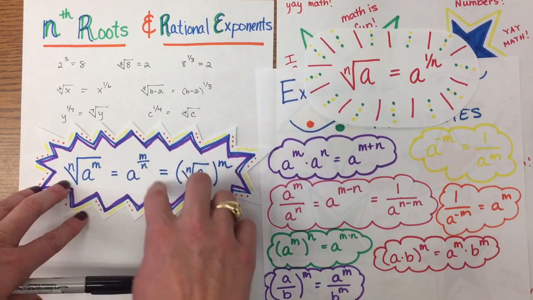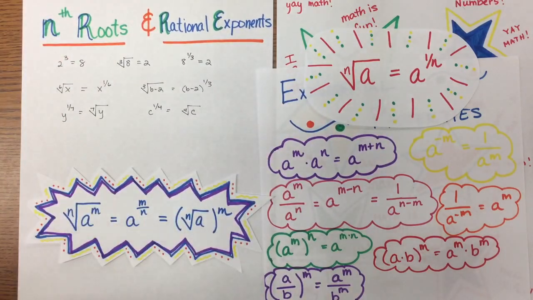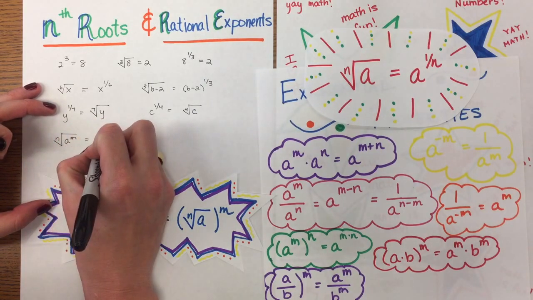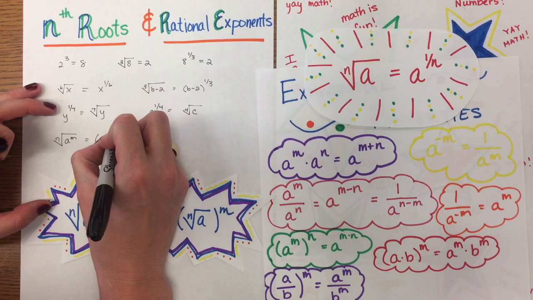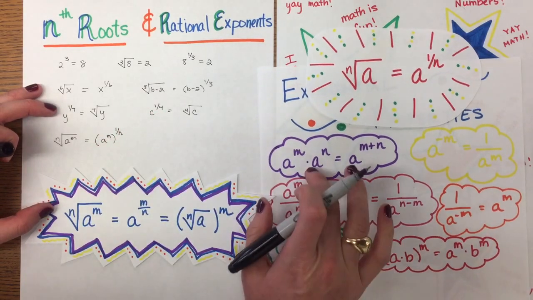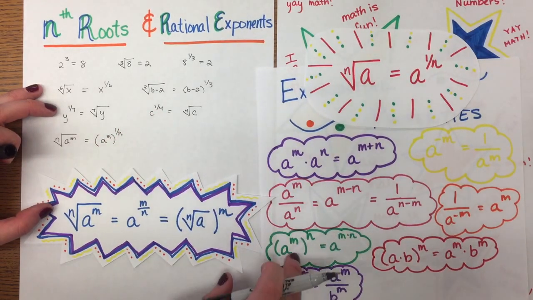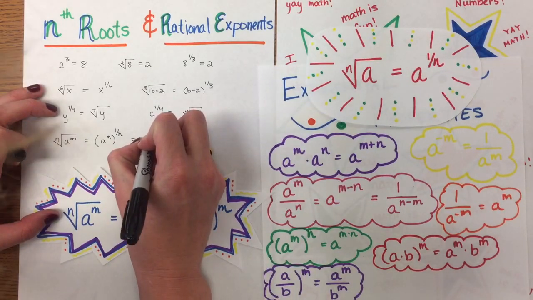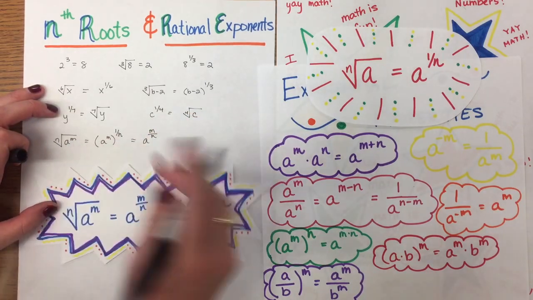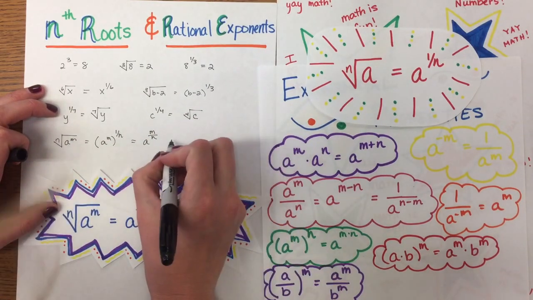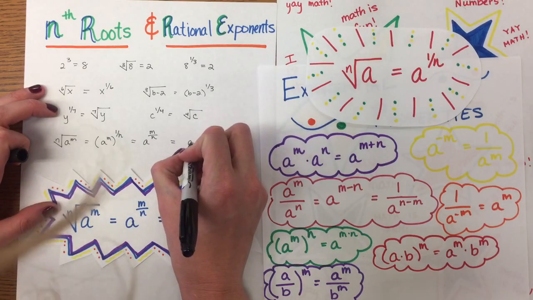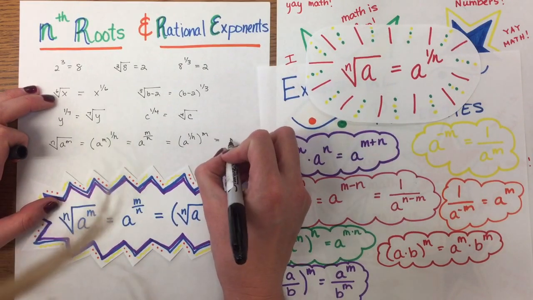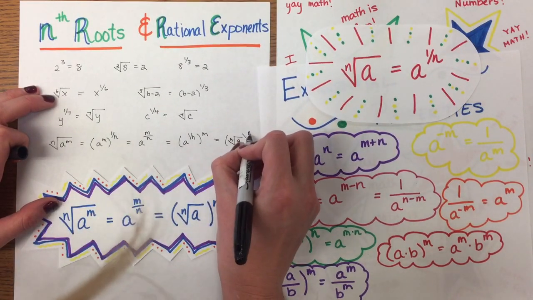I can go from the nth root of a to the m becomes a to the m raised to the 1 over n. Using my exponent rule here, this becomes a to the m over n, which, using this same property but working backwards, I could rewrite as a to the 1 over n raised to the m, which would become the nth root of a raised to the m.